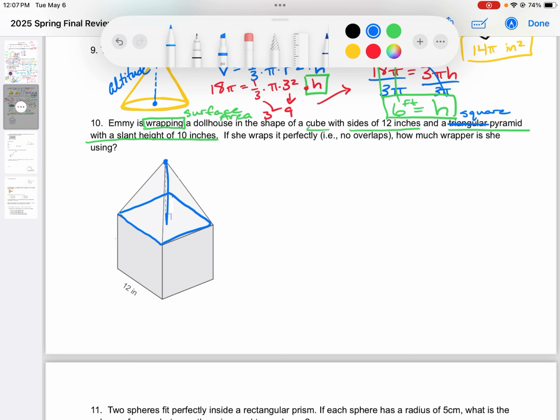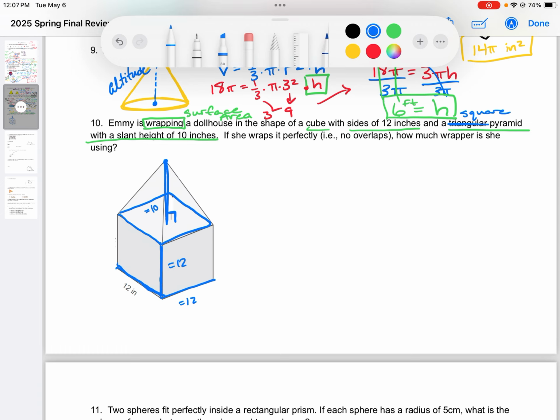The information they give us is that the height from the top of the pyramid down to the center of it is 10. They also tell us that all of the edges on this cube, so the height, the length, and the width, all equal 12.